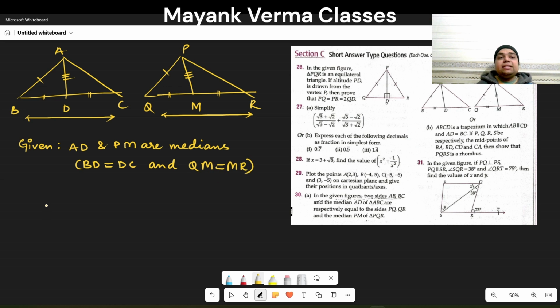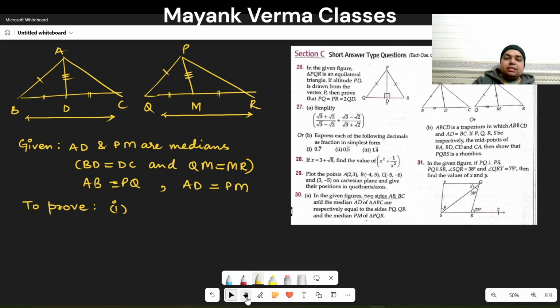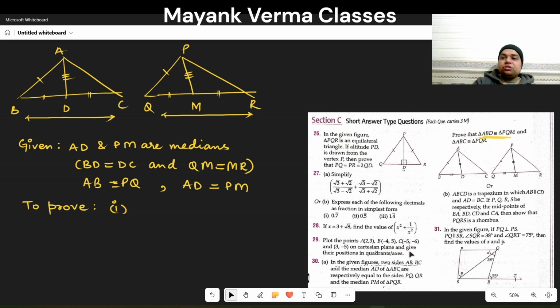Okay, the second thing is given as AB is equals to PQ. Also this median AD is equals to PM. What we need to prove? We need to prove two things. So the first part, I will take this downwards. You can also see the question.